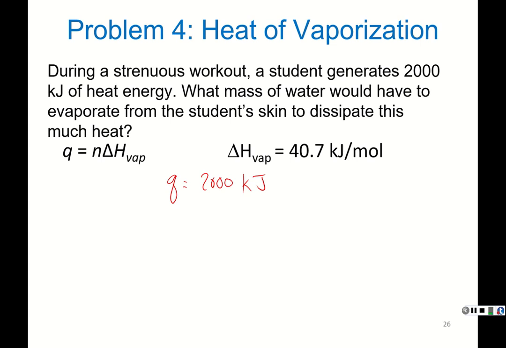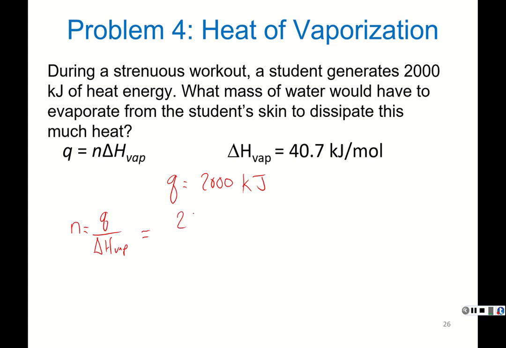So we need to rearrange this equation to solve for n, the amount of water. n is going to be equal to Q divided by delta H of vaporization. And we can plug our numbers in.